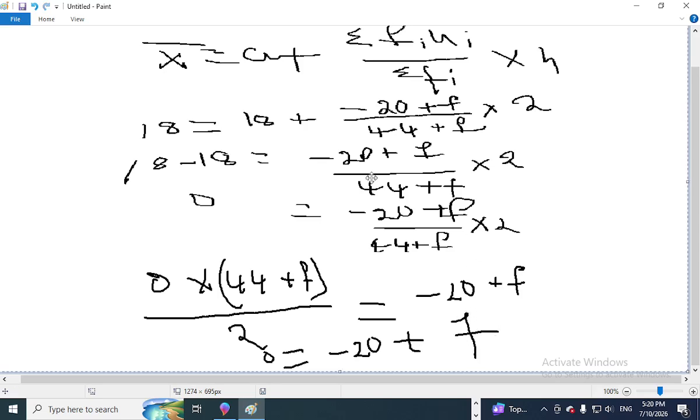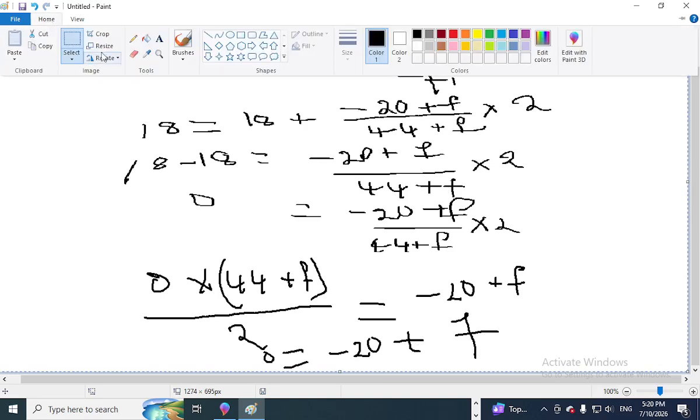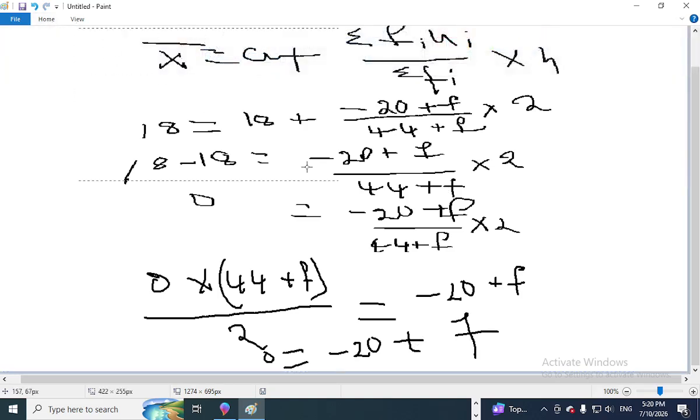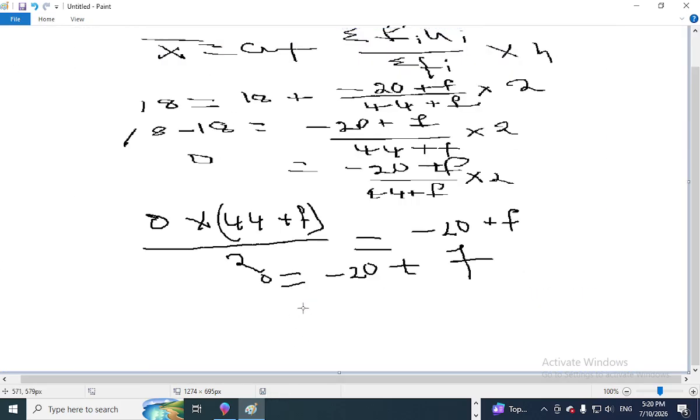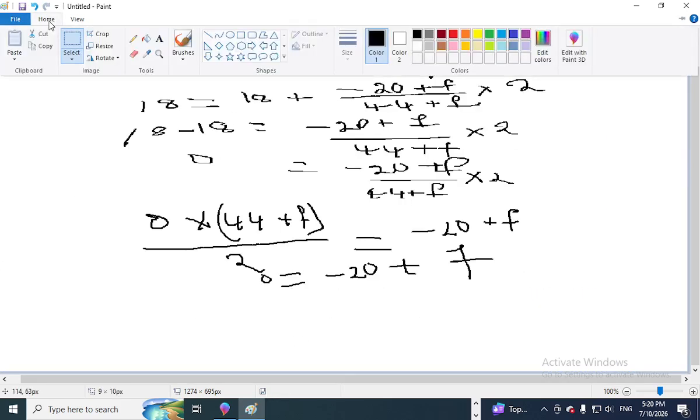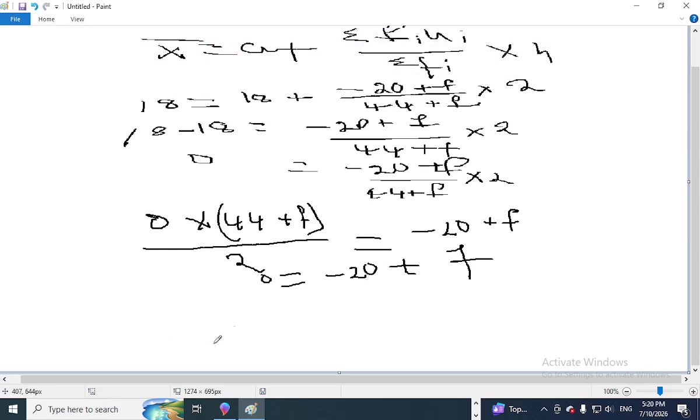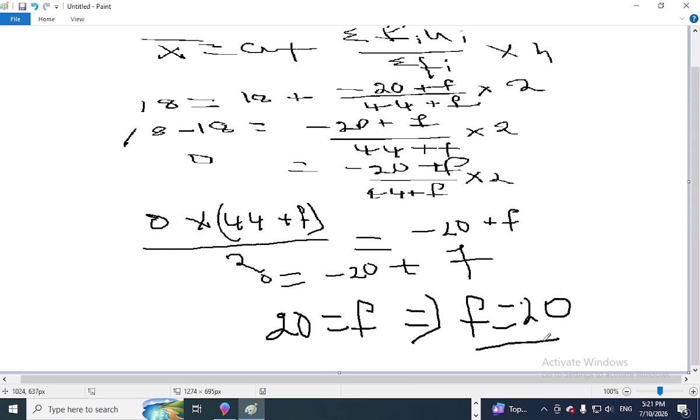Finally, if you transpose the minus 20 to the LHS, then we get 20 is equal to F. Finally, we are getting the F value as 20.